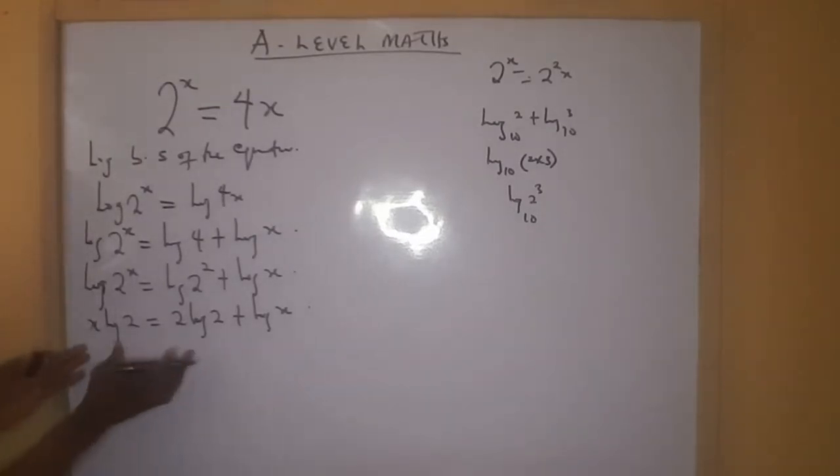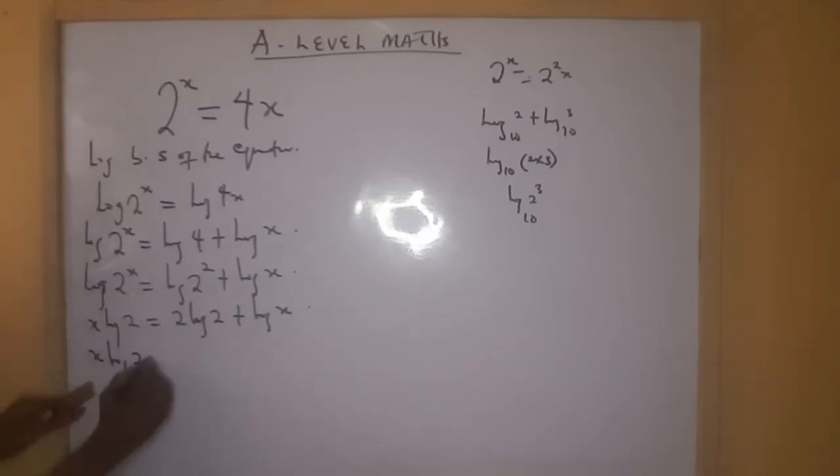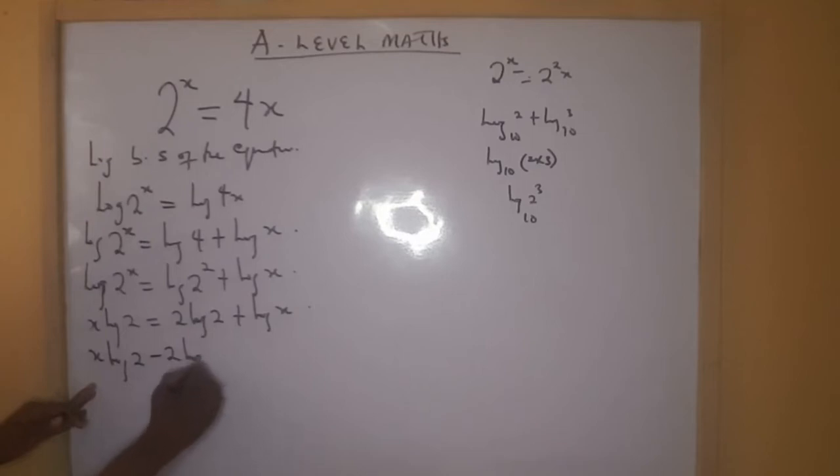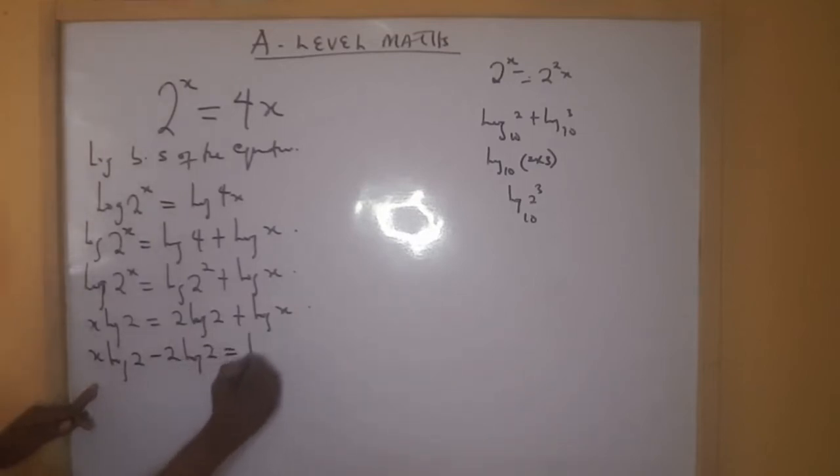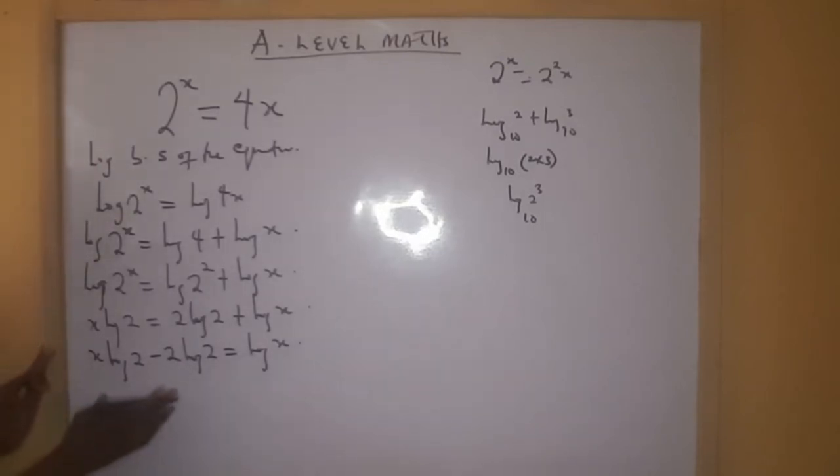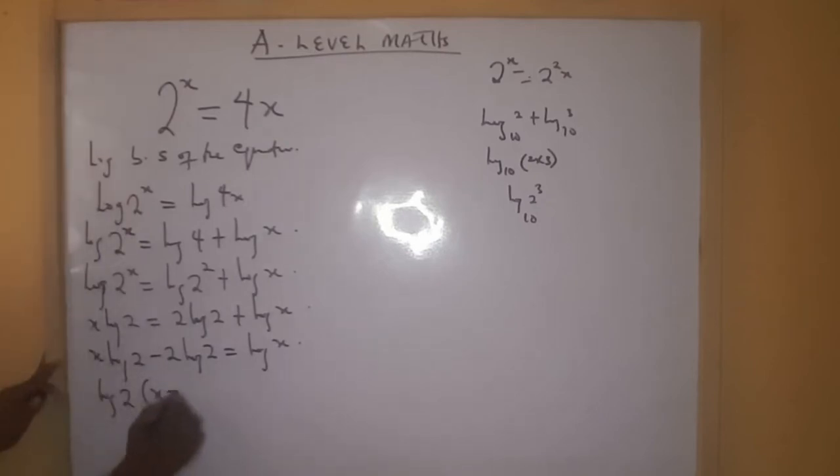So if I bring these two together here, I'll have x log 2 minus 2 log 2 equals log x. Of course, if I simplify, log 2 is common to these two, so I'm factorizing. Log 2 is common, so I'm having x left here, then minus 2.